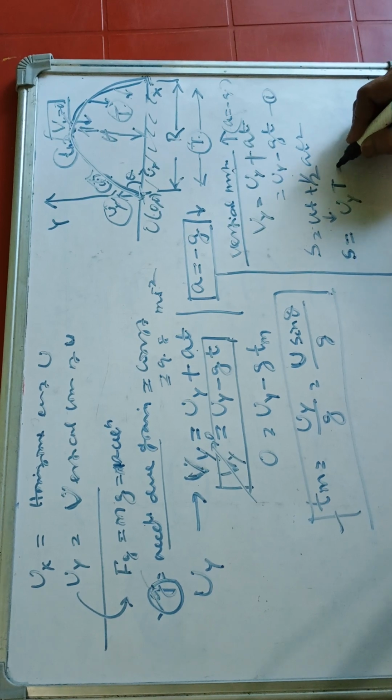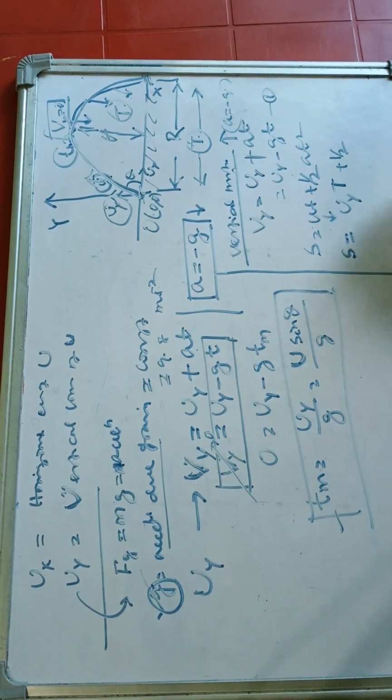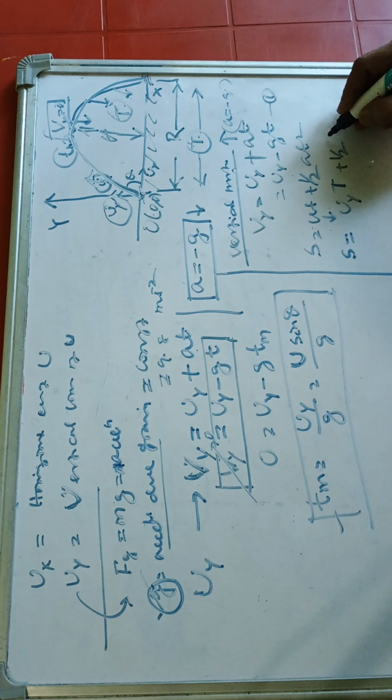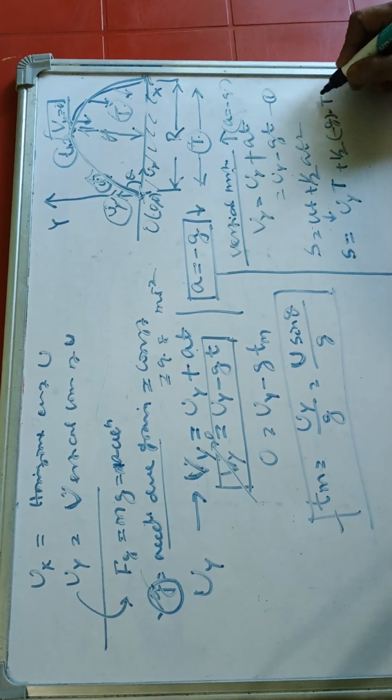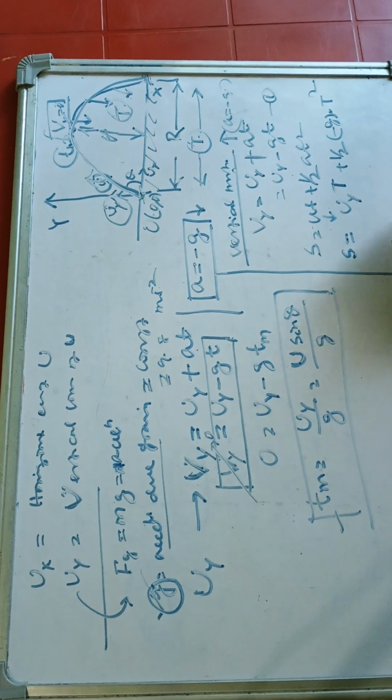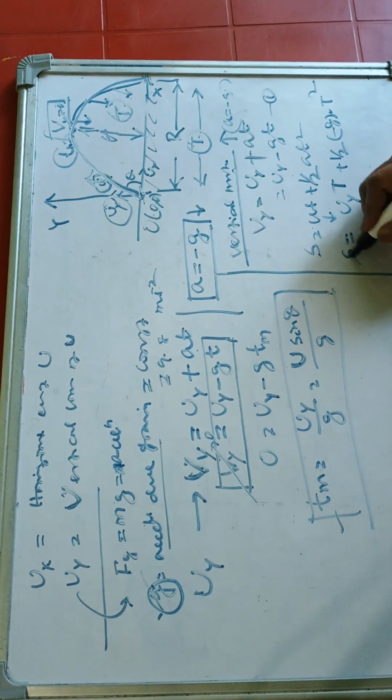Then we have uy t plus half times minus g times t square. Here the net displacement is 0.